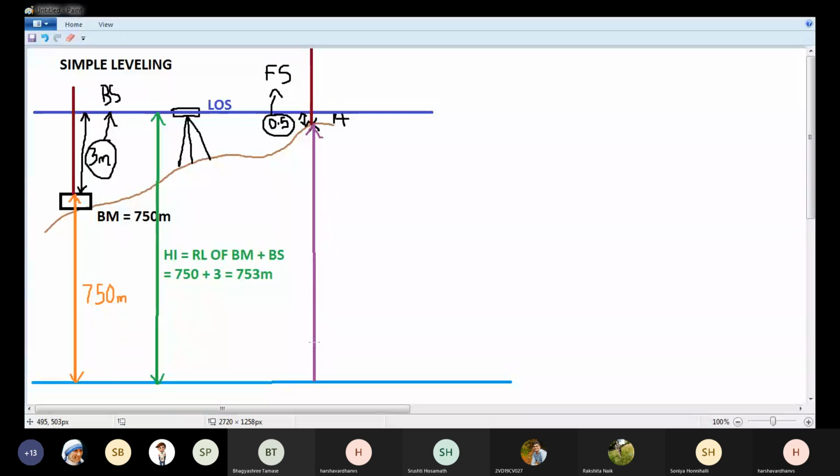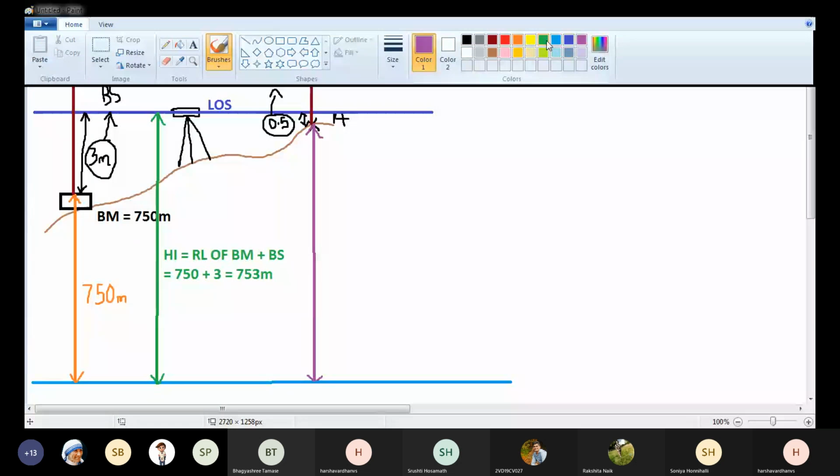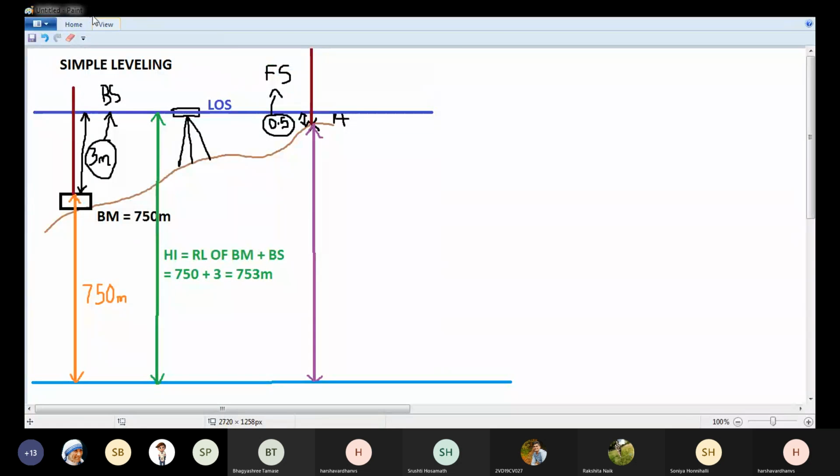And this vertical distance is given by, so I have height of instrument. So this is height of instrument. So height of instrument minus the staff reading at A will give me the elevation of point A.